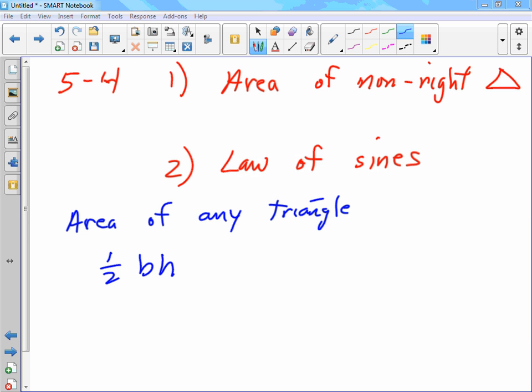And as I was bugging Zach, we have to have A equals. But in this case, we're going to call the area K. K is the area because we're going to have another A, and I don't want to confuse the two. So K equals 1/2 base times height for any triangle. So far, so good? Good.